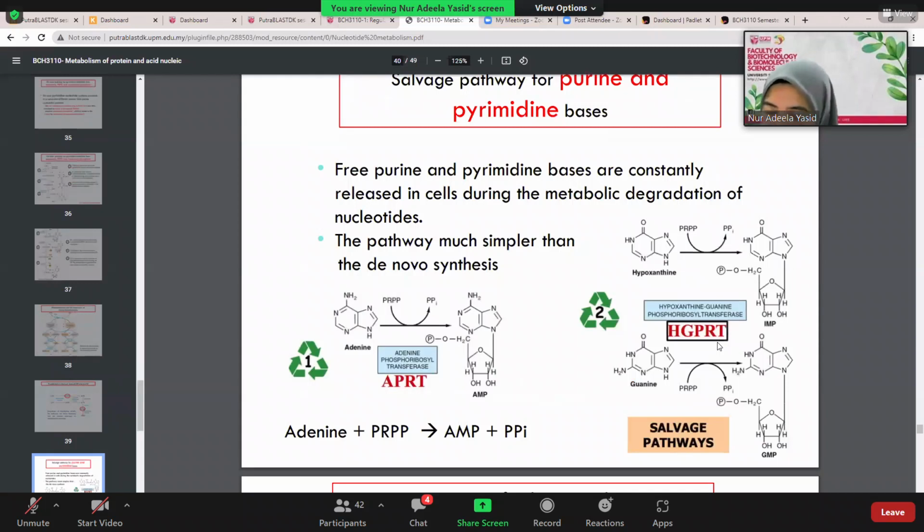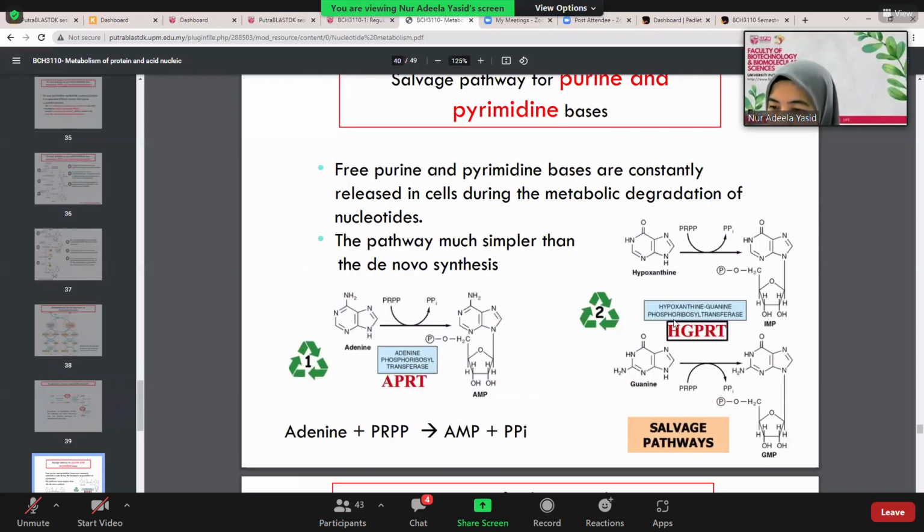It catalyzes the analogous reaction for both hypoxanthine and also guanine. Dua-dua ni, hypoxanthine dia akan react with PRPP to form IMP by HGPRT enzyme. Same goes to guanine, dia akan react with PRPP, catalyzed by this HGPRT enzyme to form GMP.